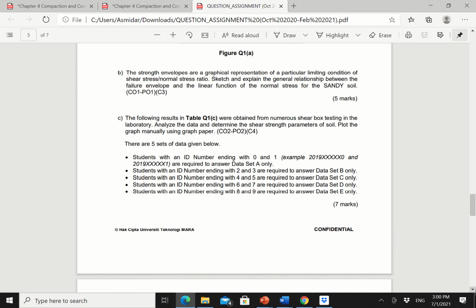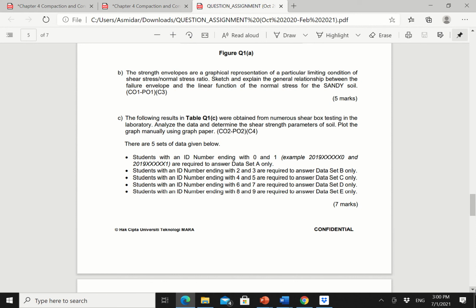Again, you will be given a different case based on your ID number. If your ID number ends with 0 and 1, you are required to answer data set A only.